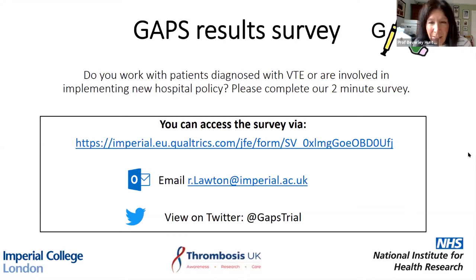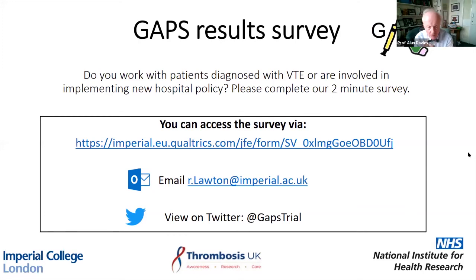So Alan, can you say a little bit more before we look at some of the questions about the implications of gaps? If you were writing guidance now for mechanical thromboprophylaxis in 2020, what would you be recommending in the surgical and the medical patients? I think it's very difficult.